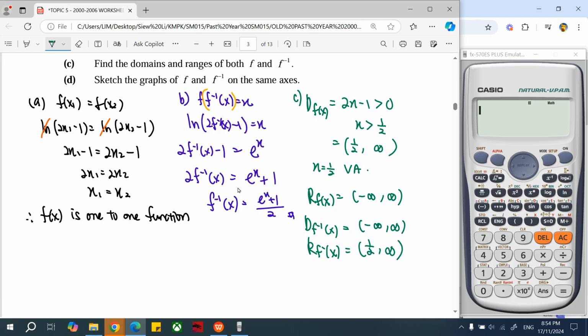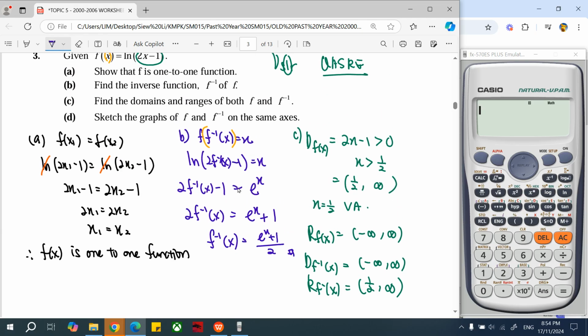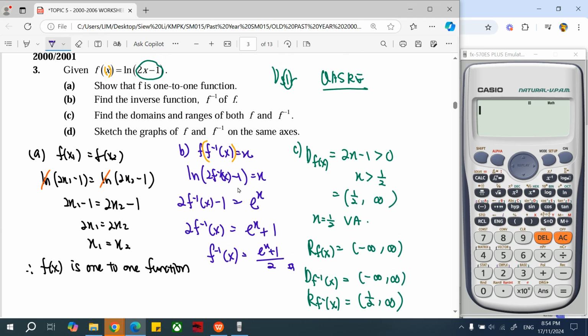And then for the last part, we are going to draw the graph. The graph of a log has a certain shape, maybe at the right or maybe at the left, or maybe your log will be inverted. So we look at your domain first: 1 over 2 to infinity.